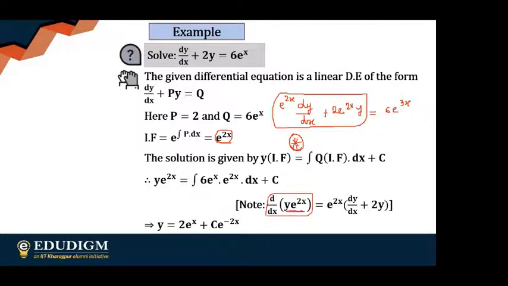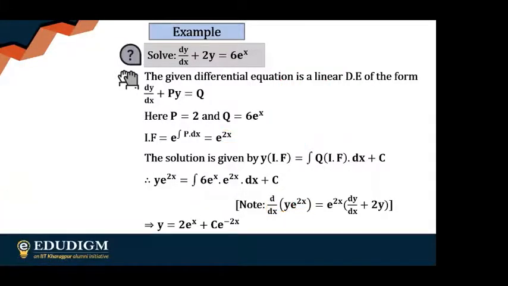Once you differentiate this, what do you have? You keep e to the power 2x constant, you have dy/dx, plus you keep y constant; for e to the power 2x, you have 2 into e to the power 2x. That is the beauty of this integrating factor. What we normally do is, once you multiply this, on integration this will give you y into IF. And here what you have is Q as well as the integrating factor.